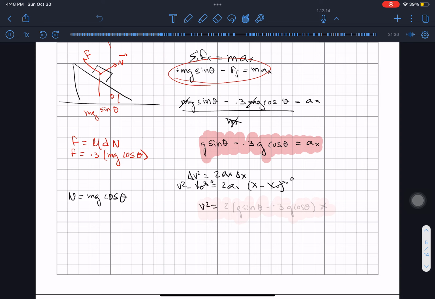Velocity squared is equal to 2 times the acceleration, which is g sine of the angle minus 0.3 g cosine of the angle.